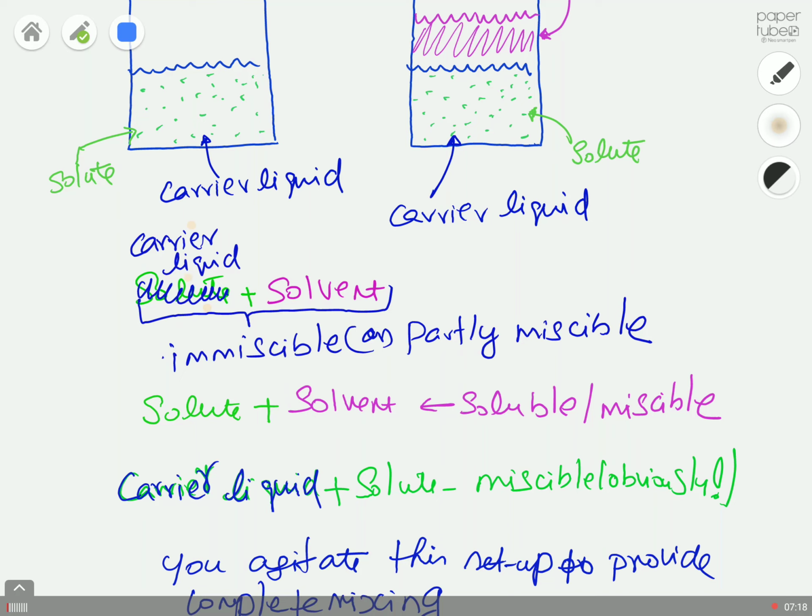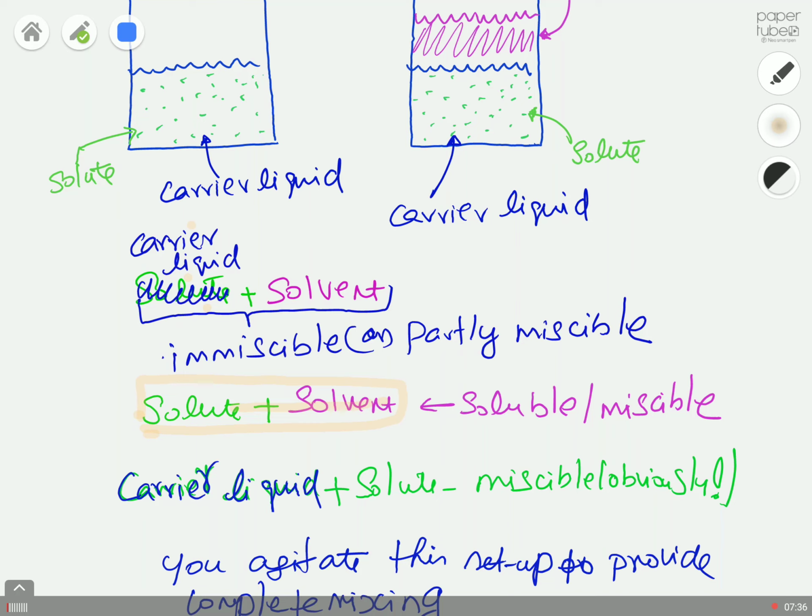There are a few things you must remember when it comes to liquid extraction. Your carrier liquid and your solvent that we are going to add, which is your second liquid, may be immiscible or may be partly miscible. So keep that in your mind. And the next thing you should remember, solute plus solvent.